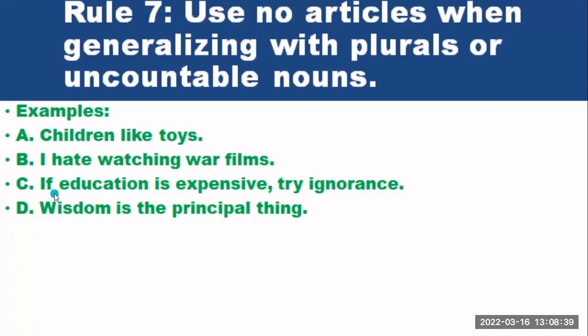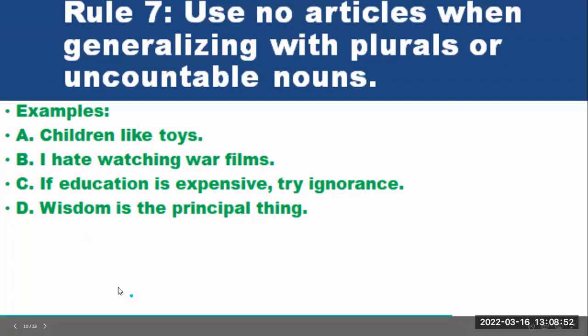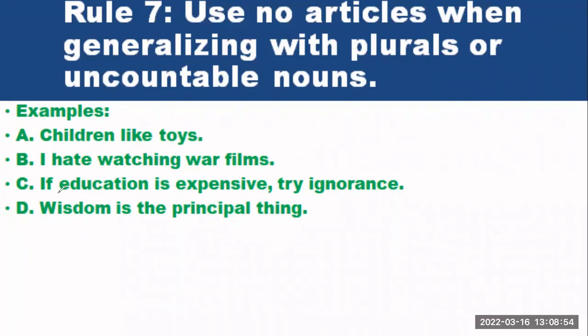Now let's look at an example with an uncountable noun. If education is expensive, try ignorance. Now, we are looking at two uncountable nouns. Education is one, ignorance is another.